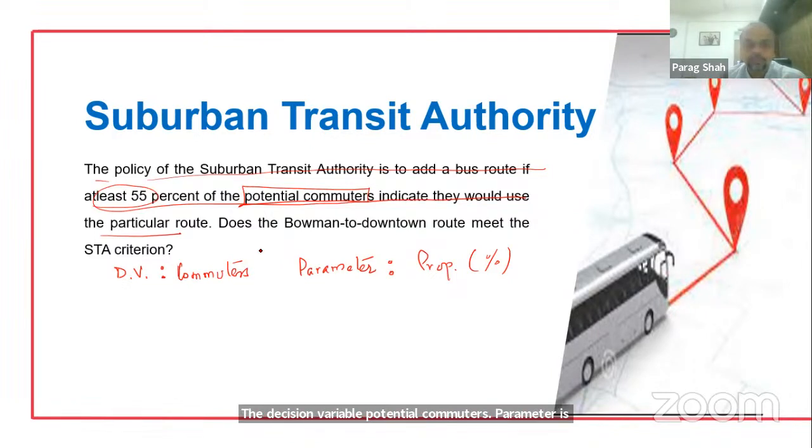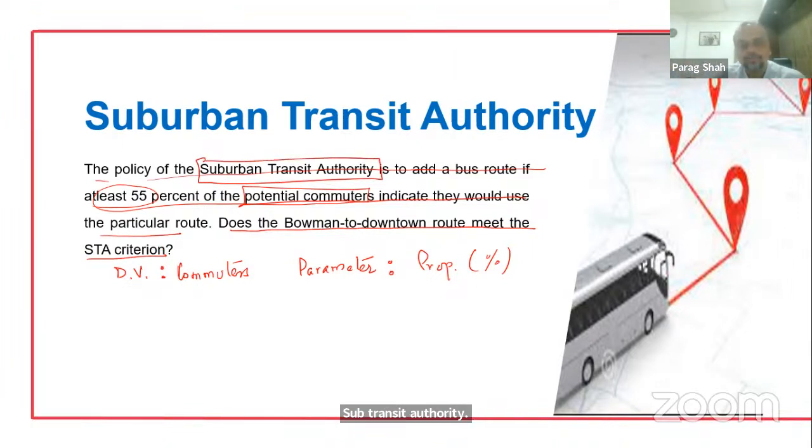What is the question? Does the Bowman to downtown route meet the STA criteria? STA means Suburban Transit Authority criteria. So when will it meet the criteria? It will meet the criteria if P is at least, meaning greater than or equal to 0.55. Then we say it meets criteria.